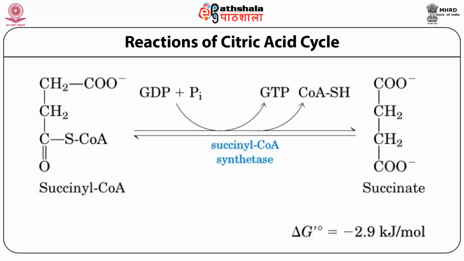This phosphate is transferred to a histidine residue of the enzyme, and this high energy unstable phosphate is finally transferred to GDP, resulting in the generation of GTP.